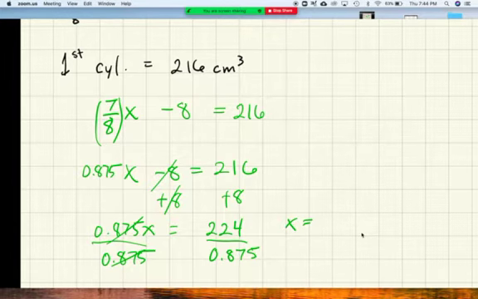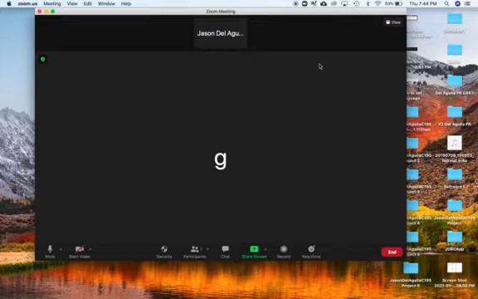So x equals 256. Yep, that's what I got. That's one of the answer choices. So it's the same exact way as you wrote it, and x equals 256. Perfect. I just think it's easier to write it out with decimals.